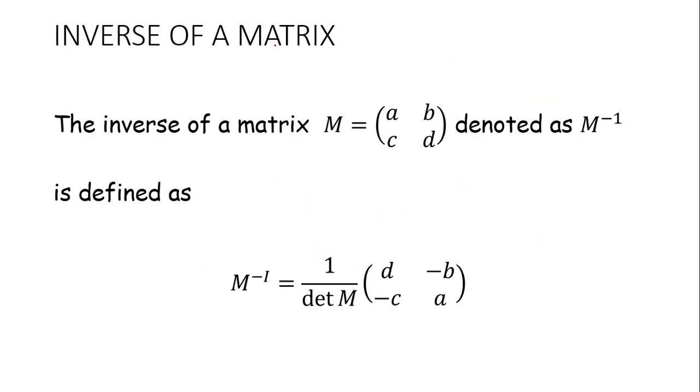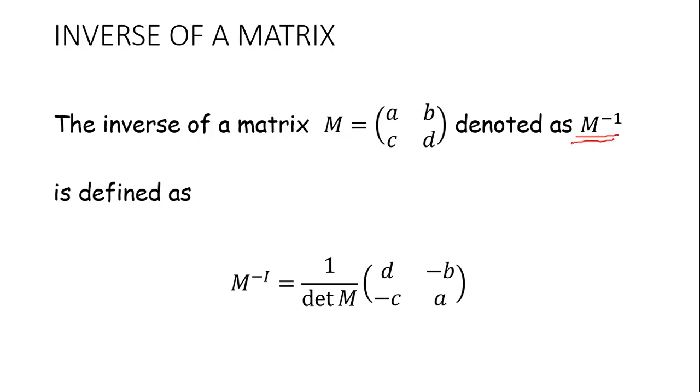So now after knowing how to find the determinant of the matrix, we can go ahead to find the inverse. So we are saying that the inverse of the matrix M, which is equal to A, B, C, and D, is denoted as M to power -1.